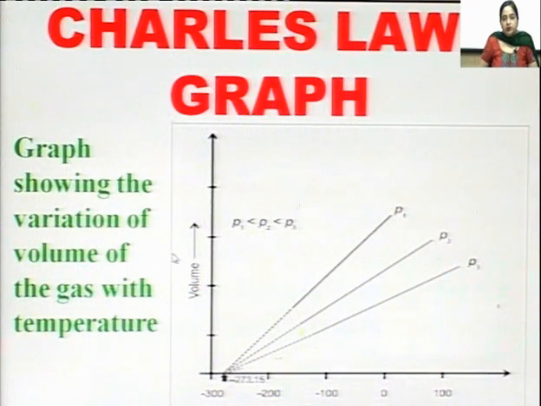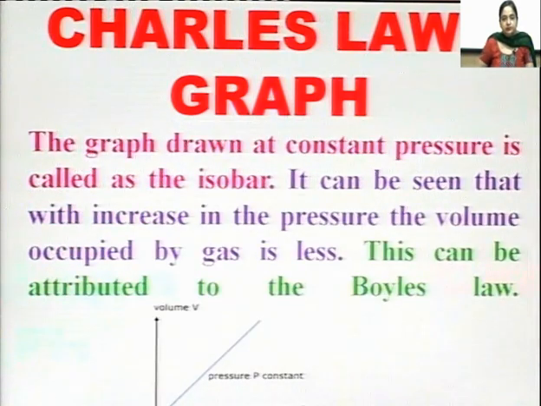Graph showing the variation of volume of the gas with temperature. The graph drawn at constant pressure is called an isobar.